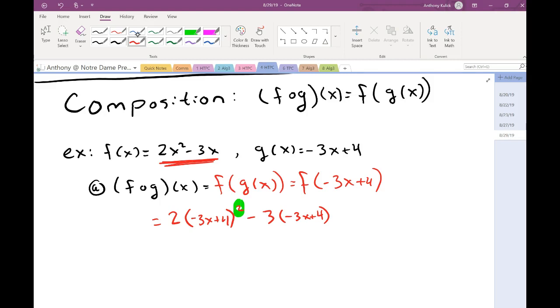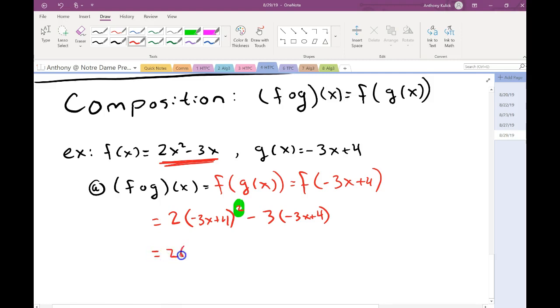I have to FOIL. I don't distribute exponents. In fact, you never distribute exponents. The only things that we know that distribute are multiplication, division, and that summation notation from the end of last year in Algebra 3-4. The only three things that you've seen so far that distribute. So we need to FOIL here.